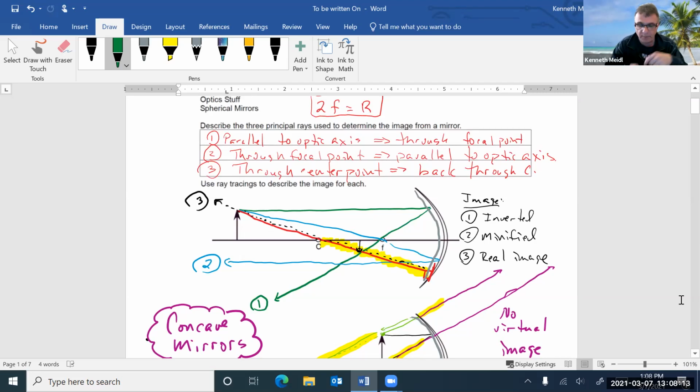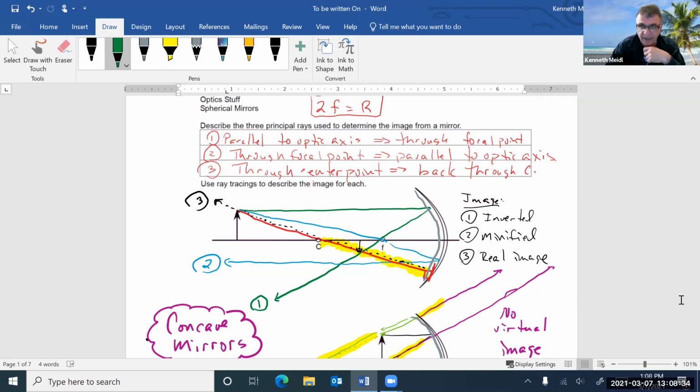I have an object in that first diagram that is well outside of the focal distance, and what I created was an image on the reflecting side of the mirror. So I see the reflecting side of the mirror, and the image is real, and in this case he calls that a positive distance. So I see the ray diagram right there.